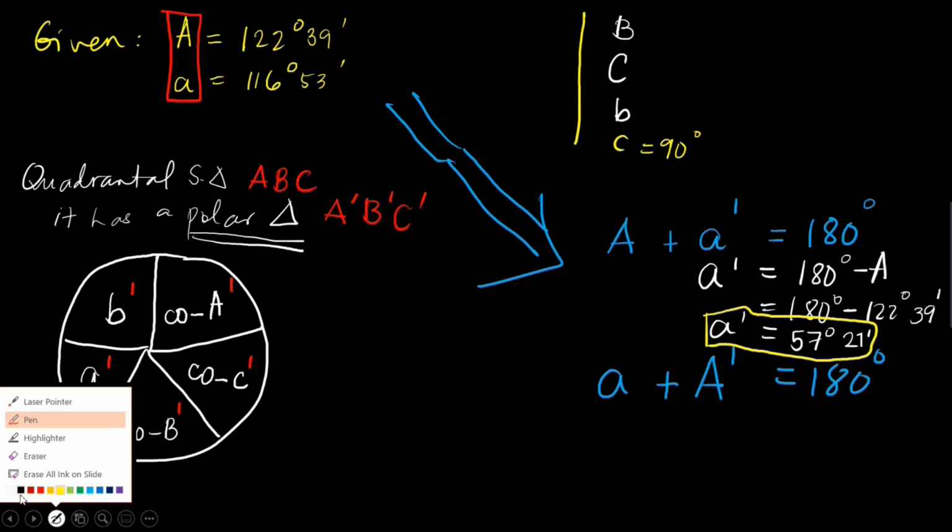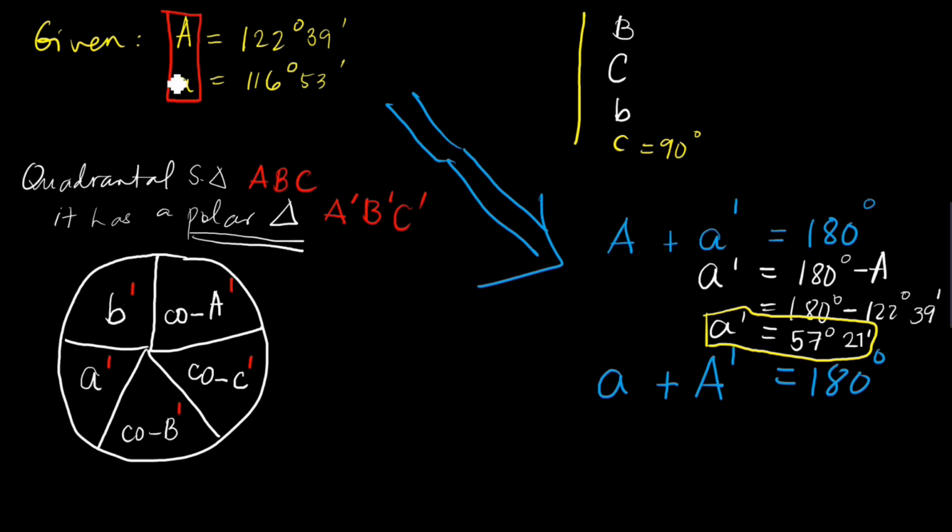Okay, next. Let us use the next given here, the small a. With small a plus big A prime equals 180 degrees, what we can solve is the big A prime because we have a value for the small a.